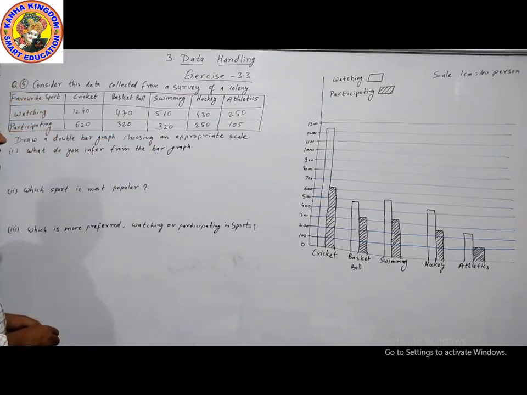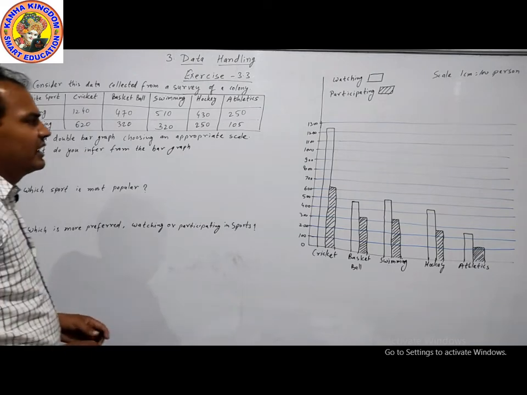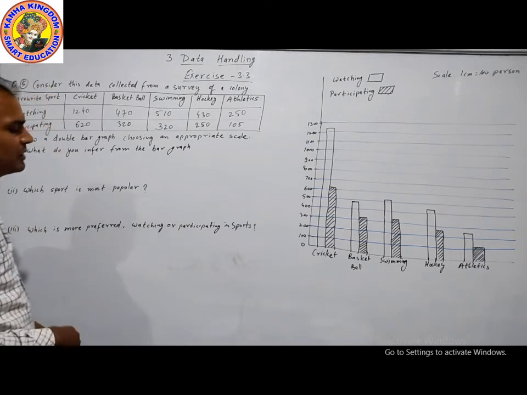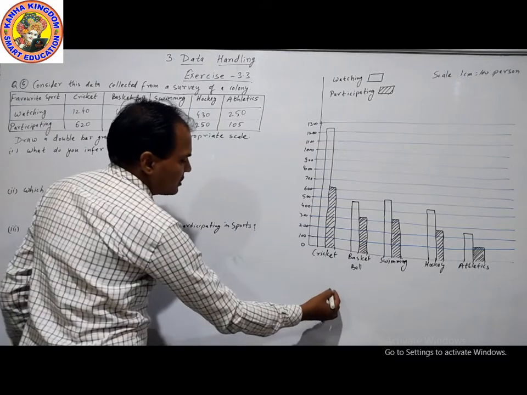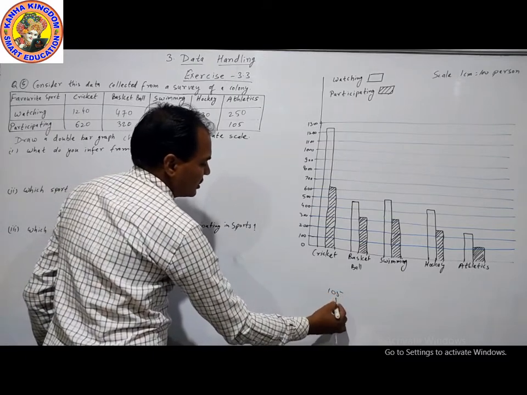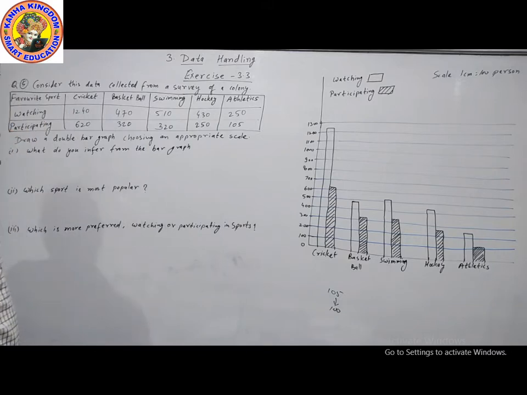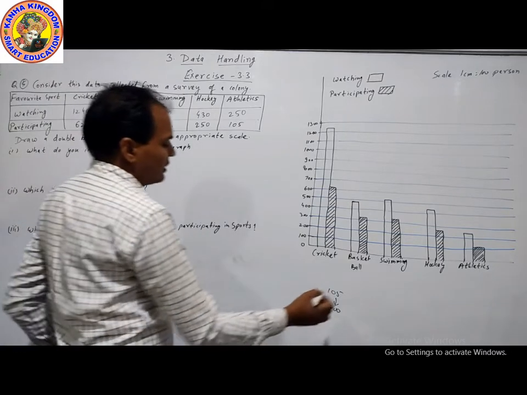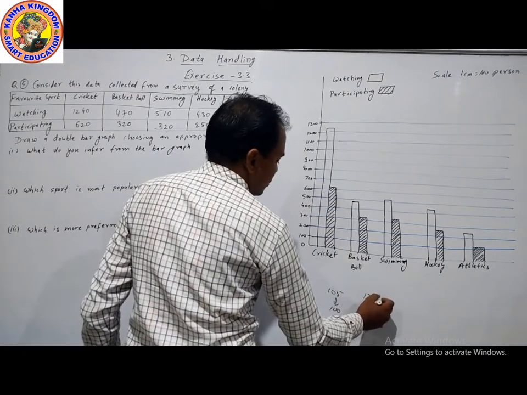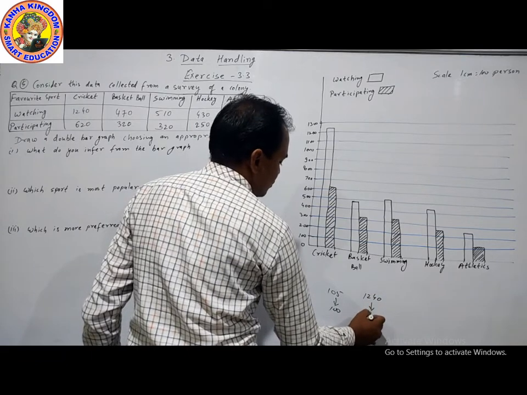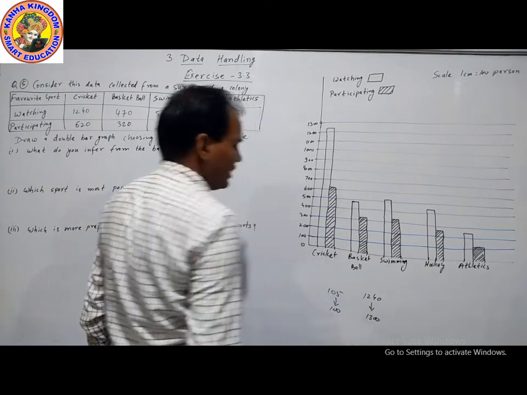For choosing a scale, we will find the minimum and maximum values from this table. The minimum value is 105, and the lower value here is 100. The maximum value in this table is 1240, so we will choose 1300.